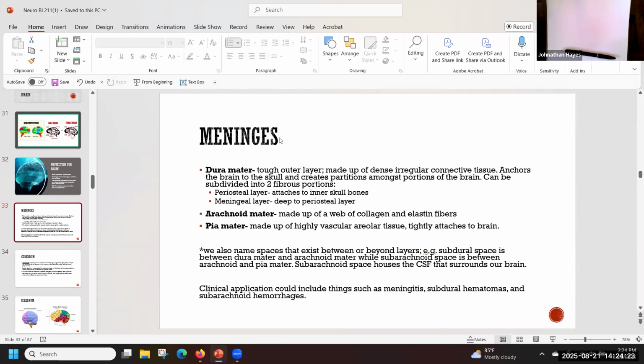But once you combine those things, you're taking about as much space as you have available. So anything that causes swelling, anything that causes something to fill in one of those spaces that's not supposed to be there is going to cause problems.